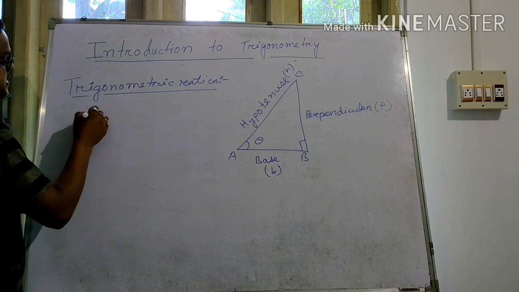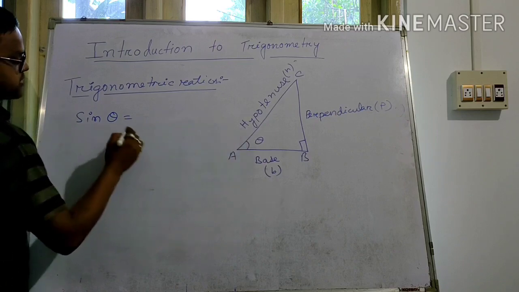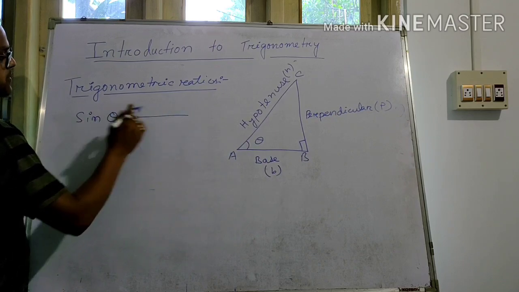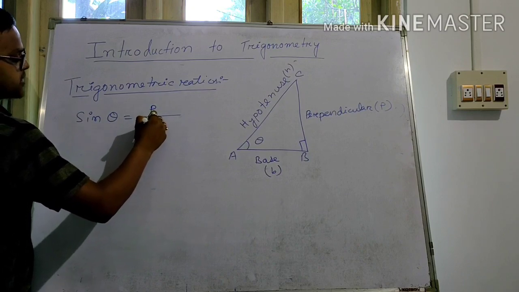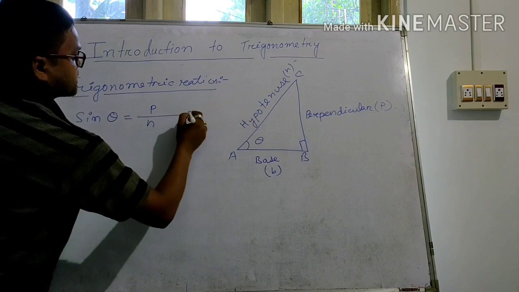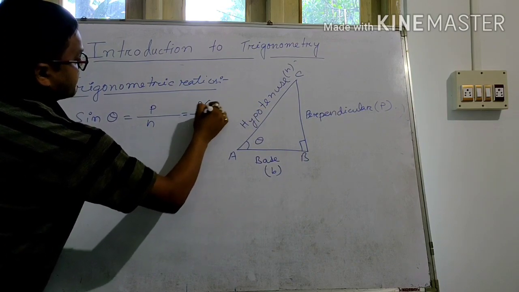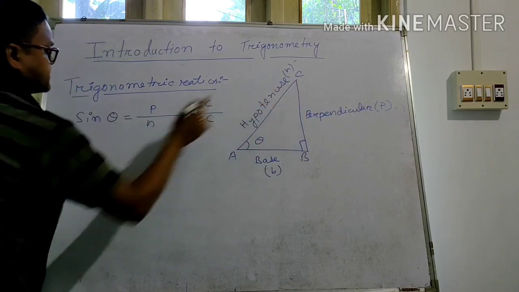The first trigonometric ratio is sin theta. According to this theta, sin theta is always perpendicular by hypotenuse, that is BC by AC.